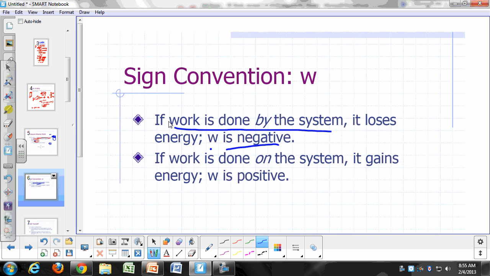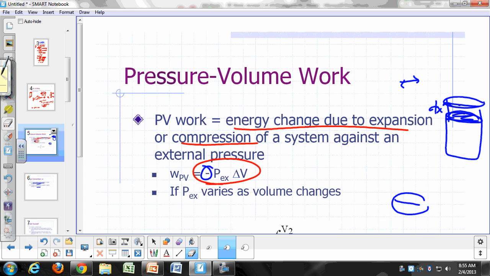Pretty much all chemistry and physics textbooks have adopted this convention. Okay. So if that work is being done on the system, so exerting an external pressure on the system, then work is going to be positive. Okay. So that's the formula for pressure volume work.